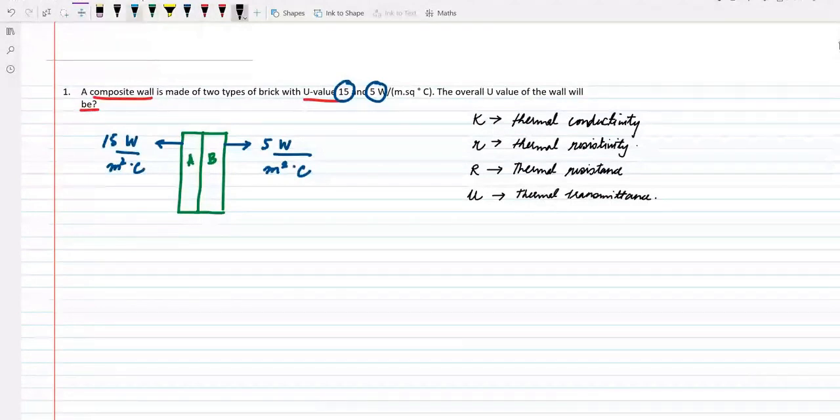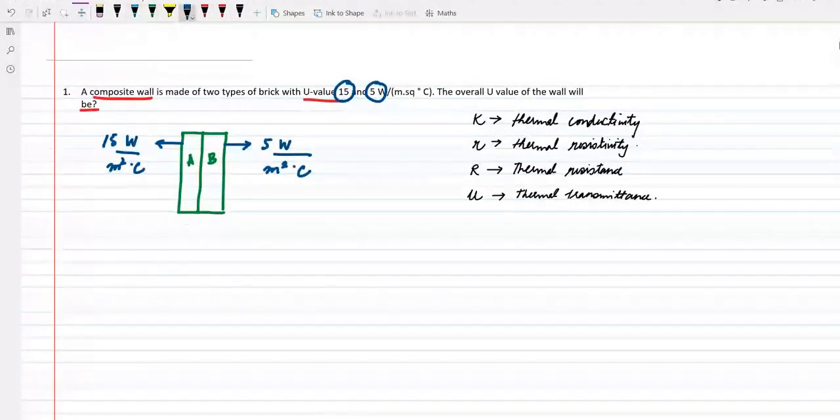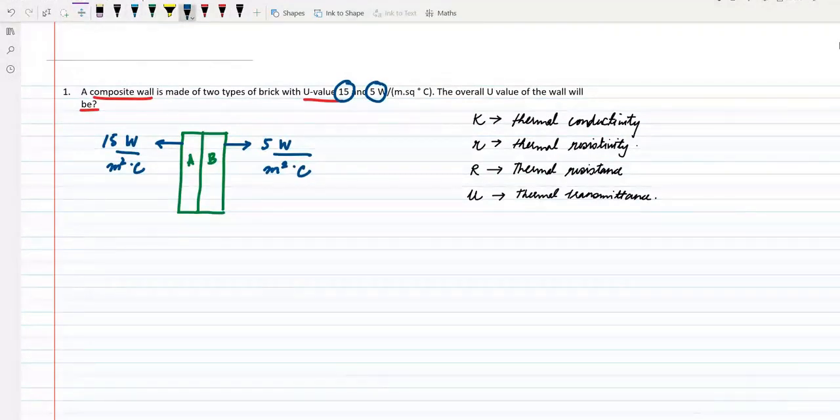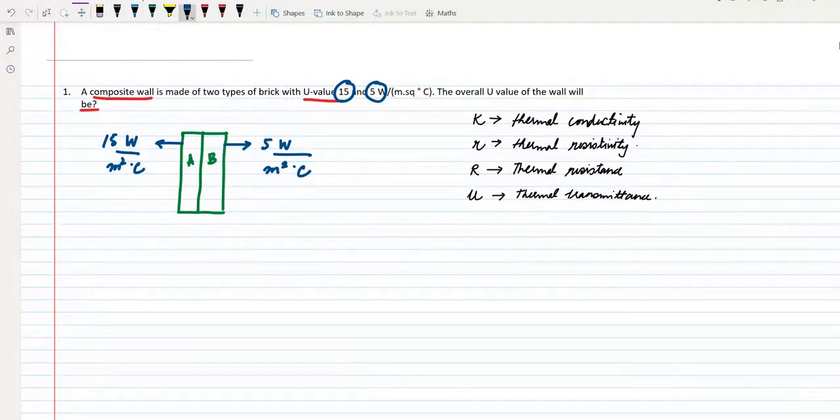I'll be writing their individual units in brackets because again, when we read this particular section of the syllabus, EPD, there are various numericals as well as theory questions that come into the picture. That can be in terms of units and the quantities, that can be in terms of numericals, obviously. So yes, thermal conductivity, I'll write down the unit.